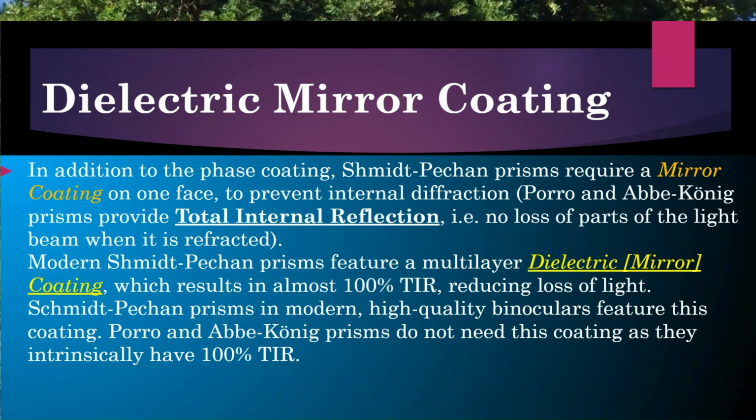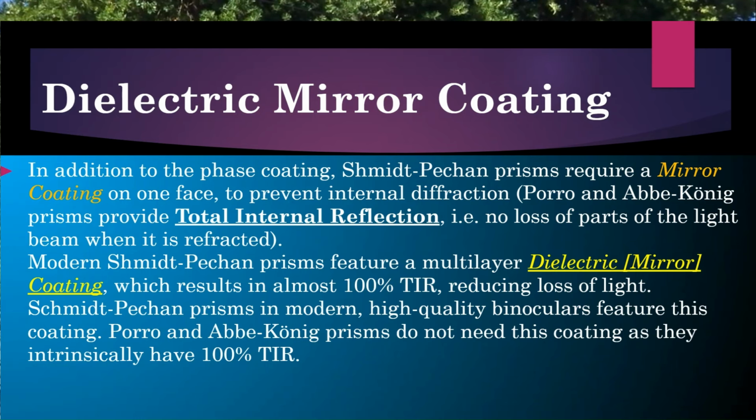And then at a certain point, another coating was introduced in 2006 or 7. It's called a dielectric mirror coating, which further improves the performance of Dach prisms, roof prisms, right?